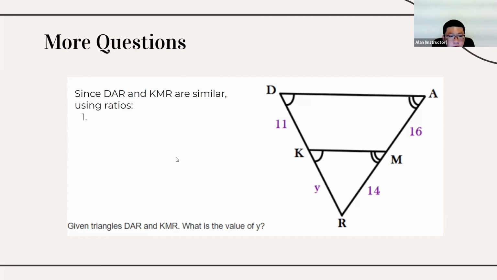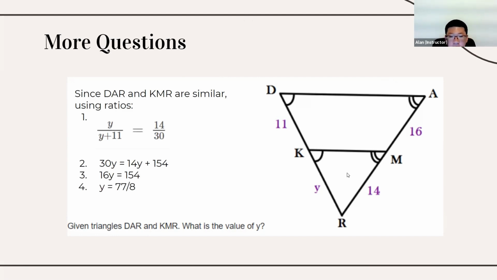So using ratios, we have that y over y plus 11, which is the ratio between their left sides, is going to be equal to the ratio between their right sides, which is 14 over 14 plus 16, which is 30. If you solve for y, you get that y equals 77 over 8, and that's going to be the final answer.